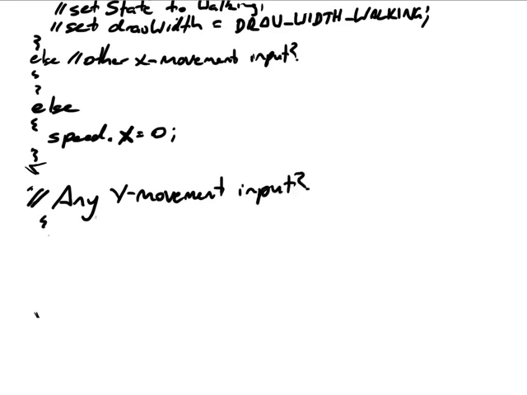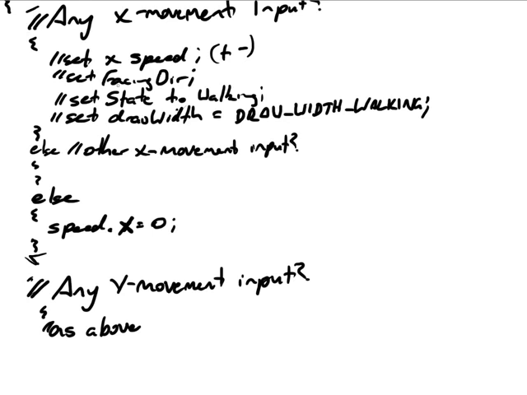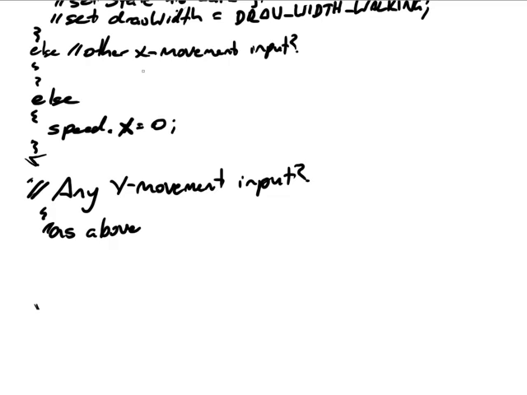Well, if there is, what do we need to do? Let's just say as above, because most of it's similar. We're not going to be playing with our facing direction, but we do set our y speed to be plus or minus up or down as we need to, so we may as well write that one in. Set speed plus minus.